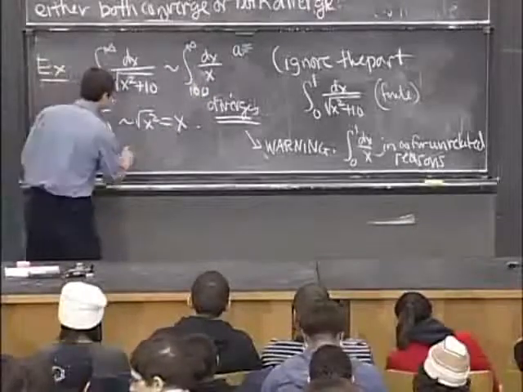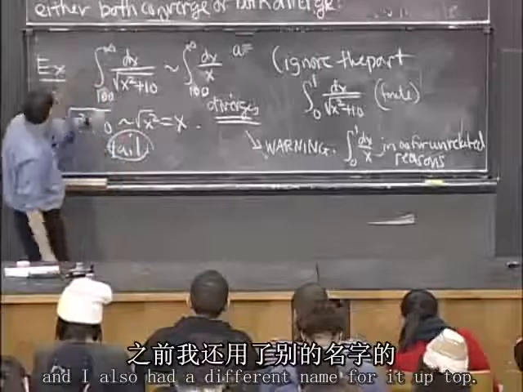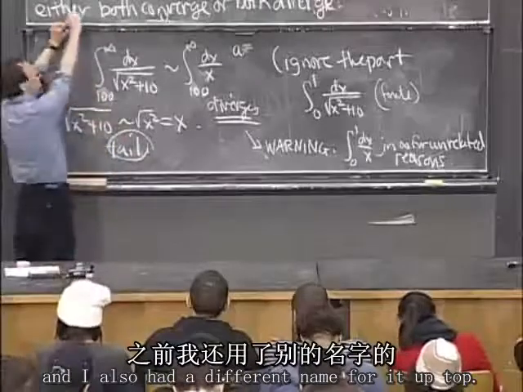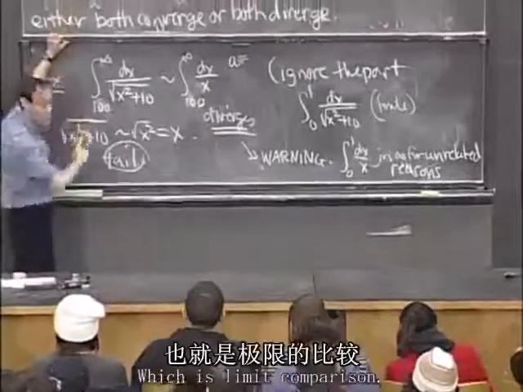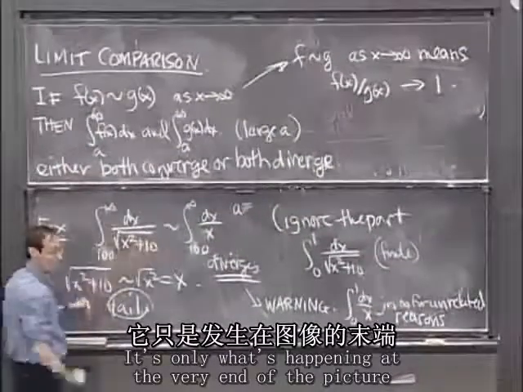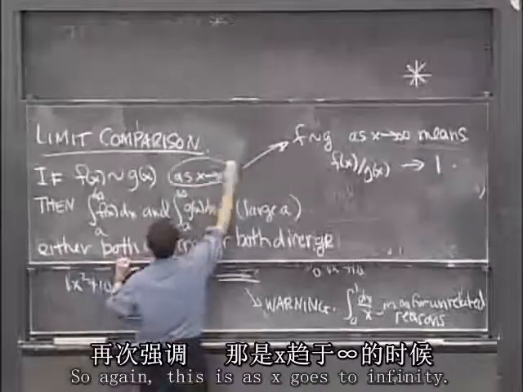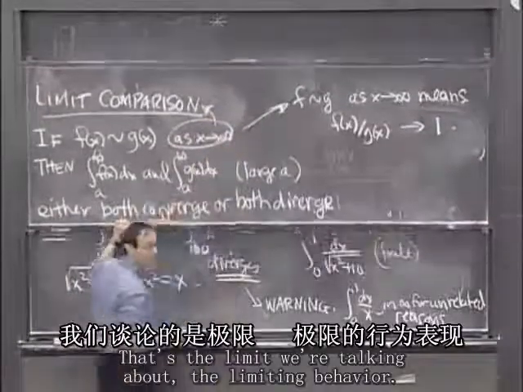So this is a tail, and I also had a different name for it up top, emphasizing this, which is limit comparison. It's only what's happening at the very end of the picture that we're interested in. So again, this is as x goes to infinity. That's the limit we're talking about, the limiting behavior.